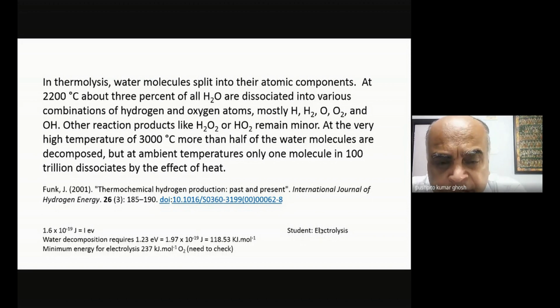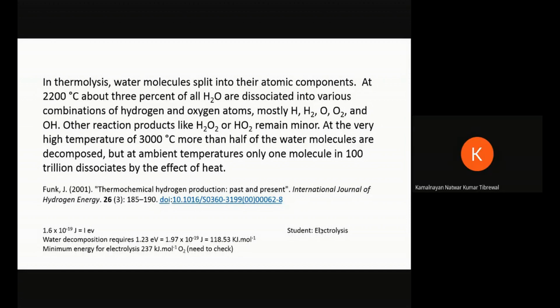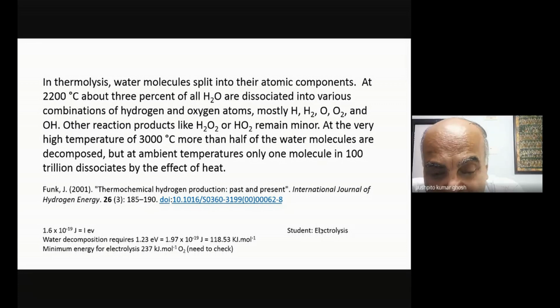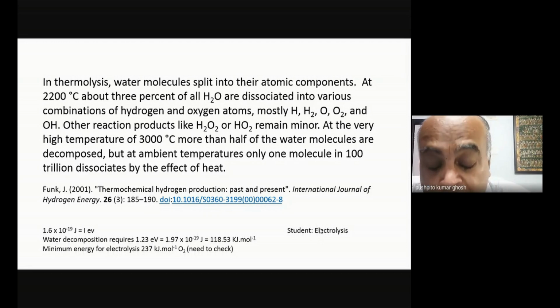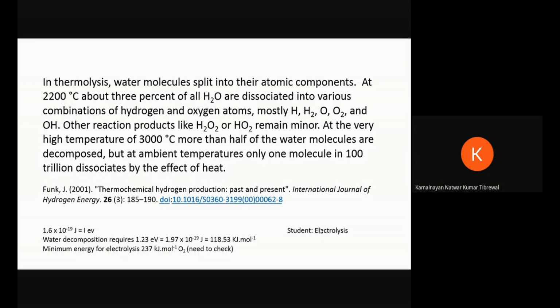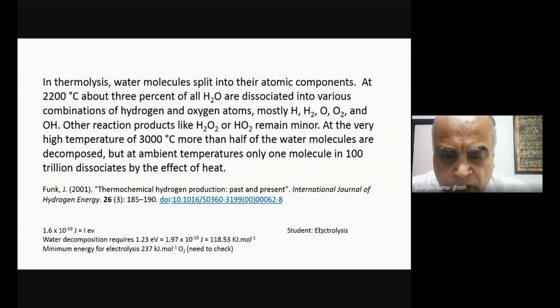What is the oxidation state of oxygen in water? What is it in carbon dioxide? -2 in water. Yes, absolutely correct. And how much is it in an O2 molecule?